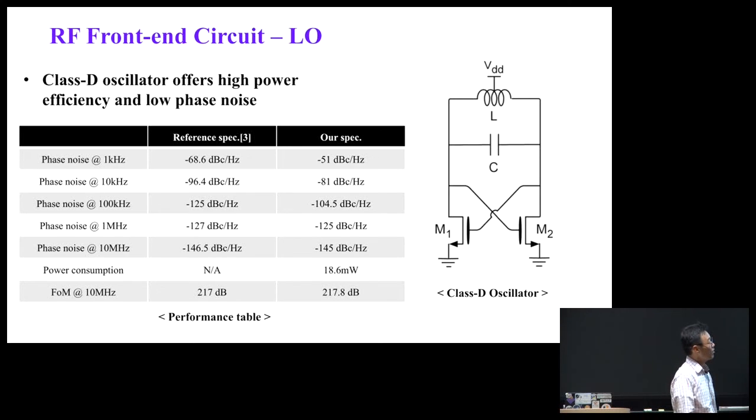Although it's not accurate, given the model of the CMOS or NMOS devices like M1, M2, we got some phase noise performance, which is good enough for the Wi-Fi application targets. But after we receive the chip and start testing with the off-chip inductor, we will get more accurate results.